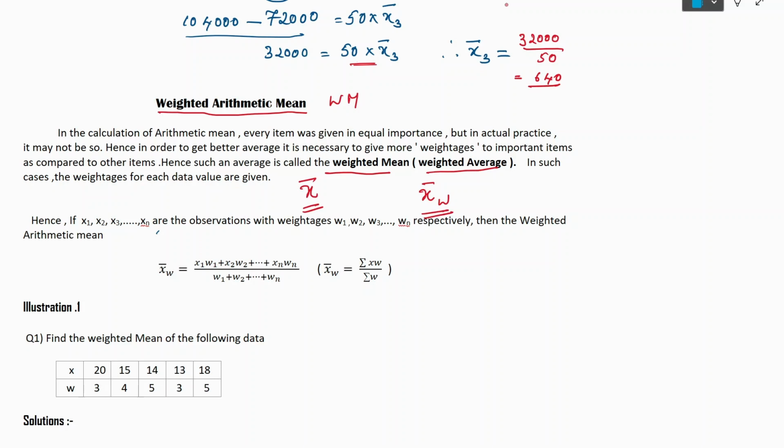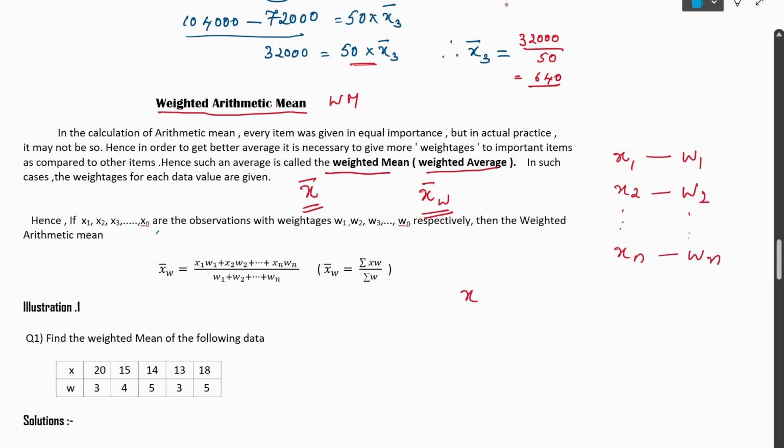In such cases, for the observations, we consider x1, x2, etc., xn. In the same way, the weightage of x1, the importance of the x1 item, is suppose w1, and w2 for x2, and so on up to wn.